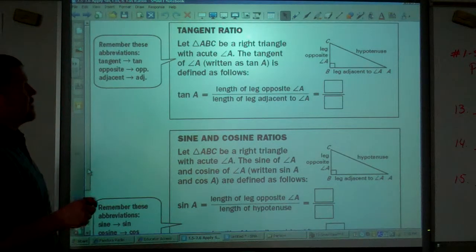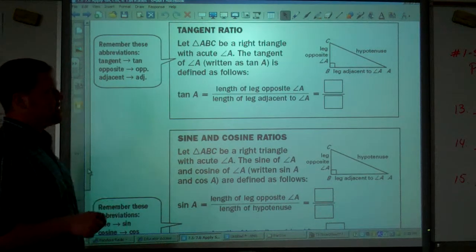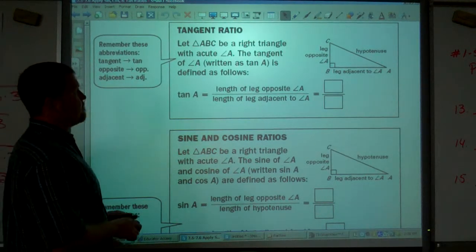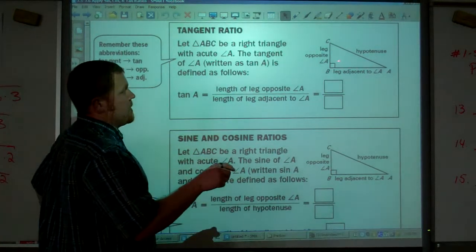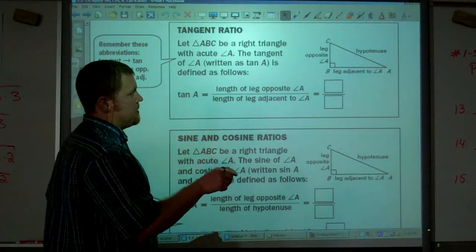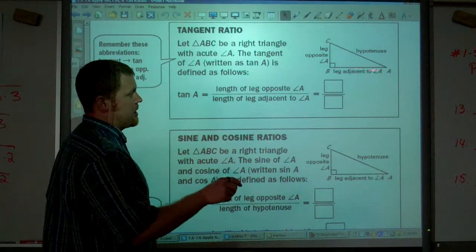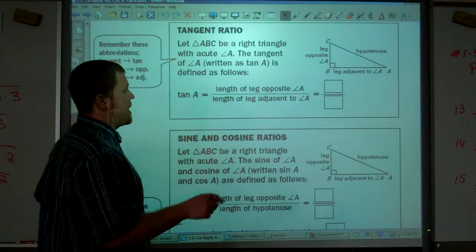Alright, the tangent ratio. And again, ratio, what does it mean? You're comparing two things with a fraction. We have a right triangle, triangle ABC. Here's the leg opposite angle A, BC. Here's the leg adjacent to angle A, AB, and here's the hypotenuse.